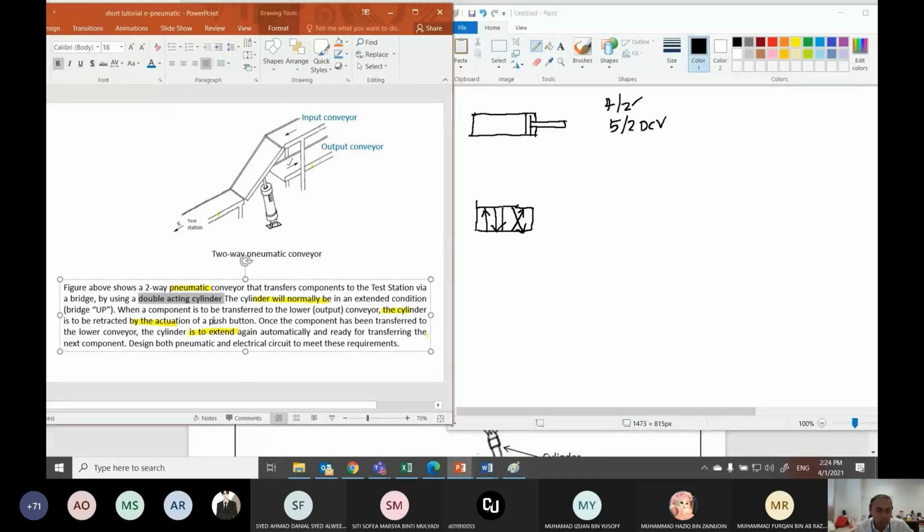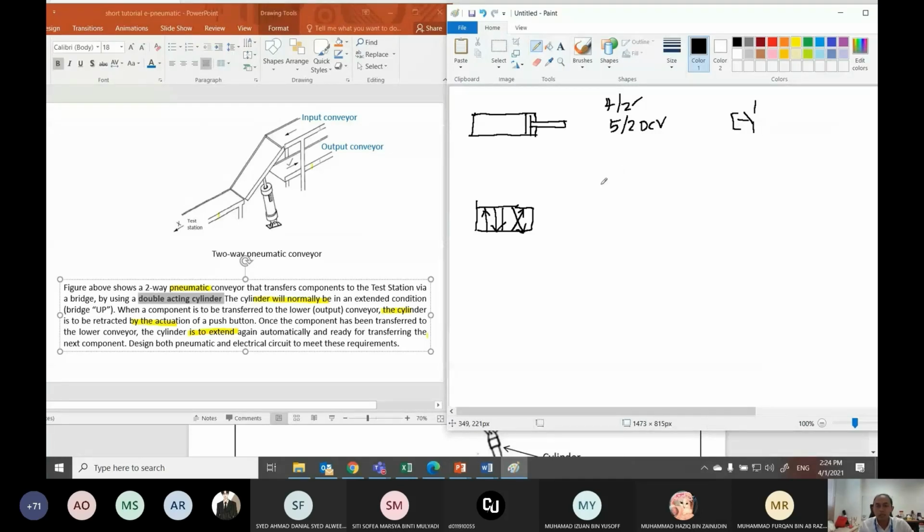So I will show you both solutions, but solution 1, I will consider that the push button here is the push button that you have in the electric circuit later. Therefore, since we are going to use electric circuit later, this DCV must have both sides actuated by solenoid.